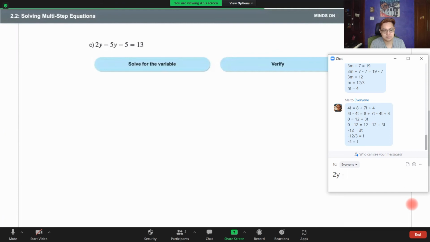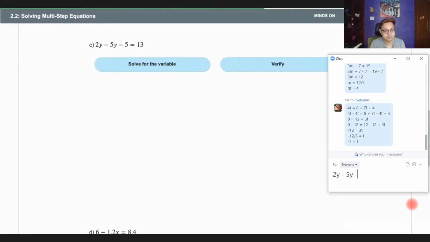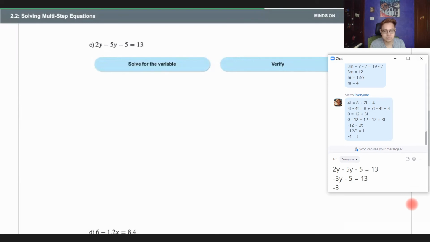So this one, C, you have minus 2y and 5y, so negative 3y minus 5 equal 13.